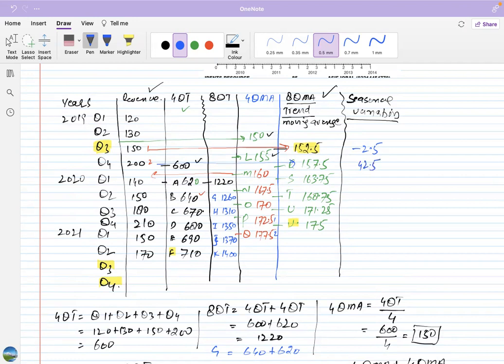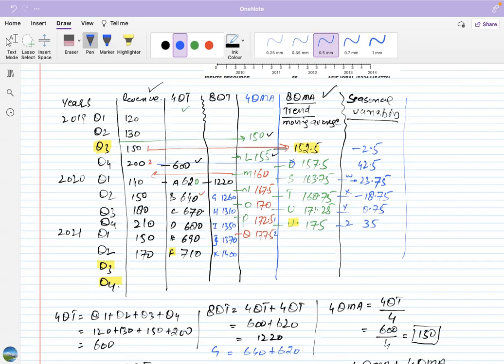In this way, we can calculate the rest of the values. So our whole table is completed. This is the way we calculate the seasonal variation. As I told you, revenue minus trend. The last value V that I've calculated is 210 minus 175. So we get the answer.